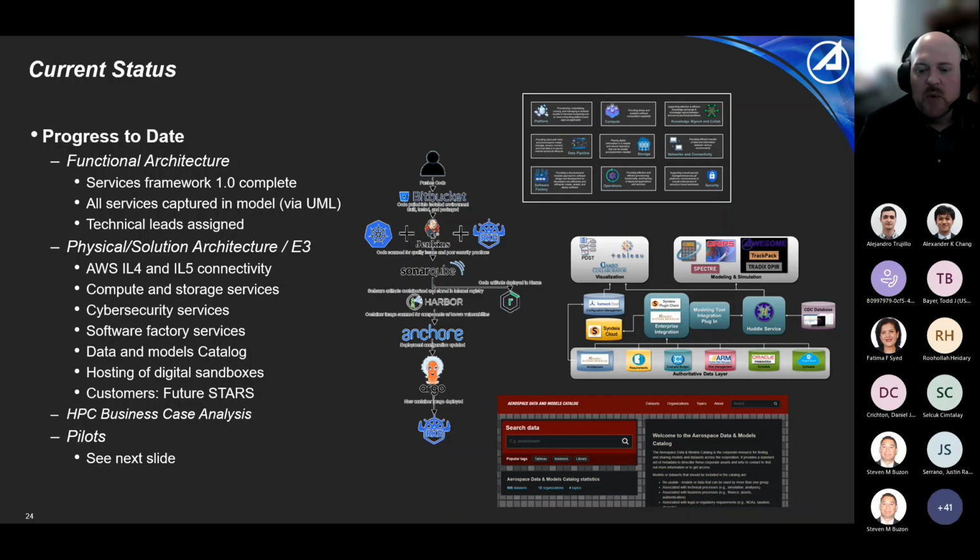We have a catalog stood up where we are capturing all of our data and models. We're still populating this and characterizing the content, but we have the conduit into that so that there's the beginning of a one-stop shop for users to try to get their hands around all of this different content across the company.